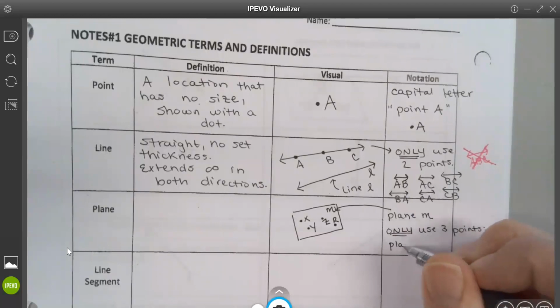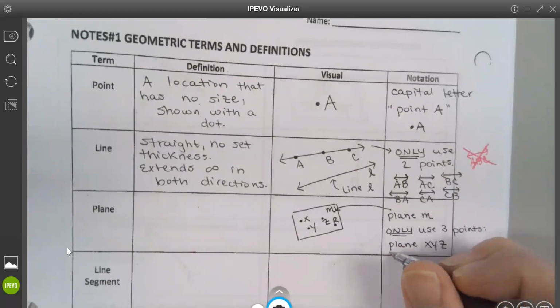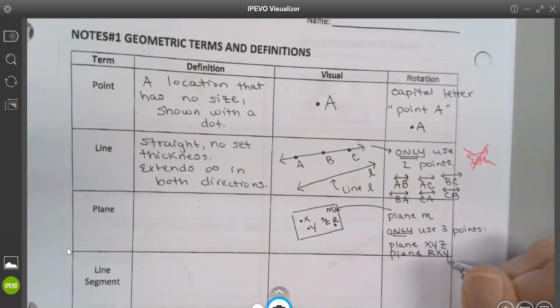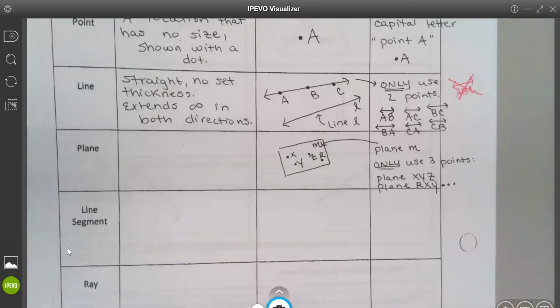We always write the word. So I could call it plane XYZ, or plane RXY, and so on. As long as I have 3 points that are lying on that plane, it's a way that I could label the one I'm talking about: the plane that contains X, Y, and Z, or the plane that contains R, X, and Y. But I only use 3 points.